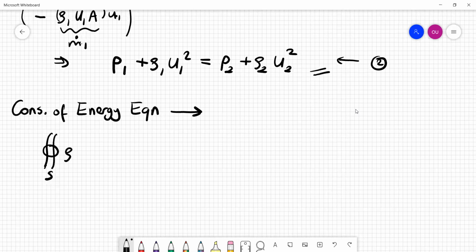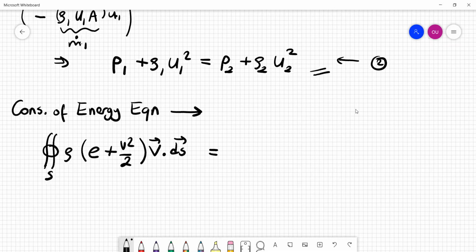The total energy is internal energy plus kinetic energy. In this case, we ignore body forces, so there is no potential energy. This whole integral represents the energy flux balance when we compare the right-hand face to the left-hand face of the control volume.